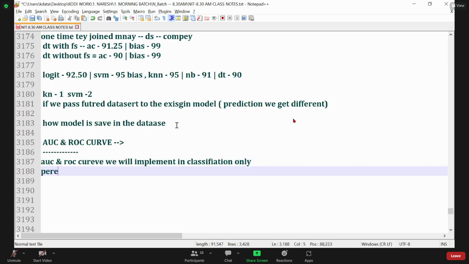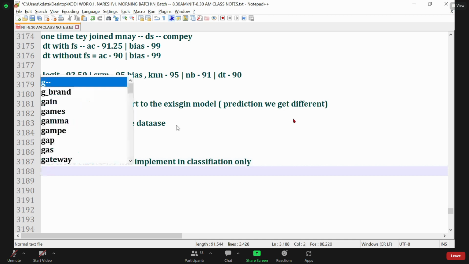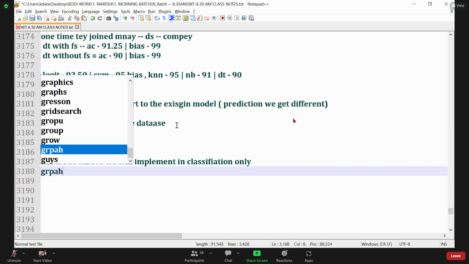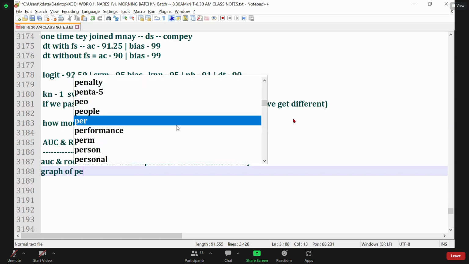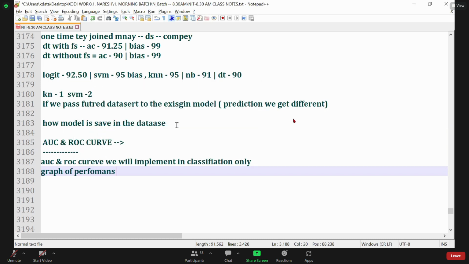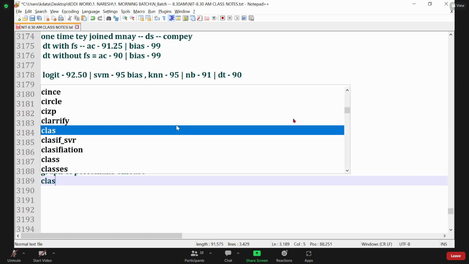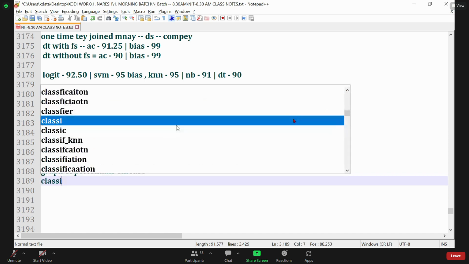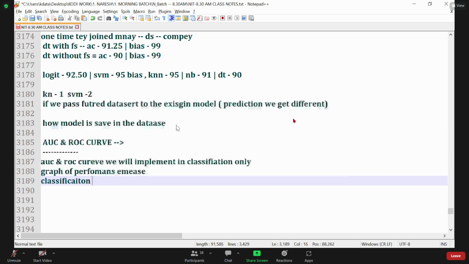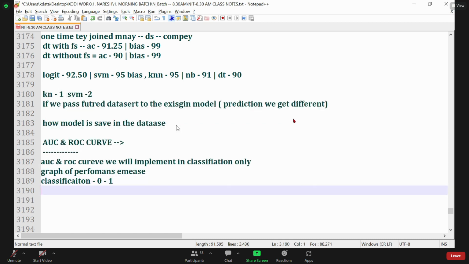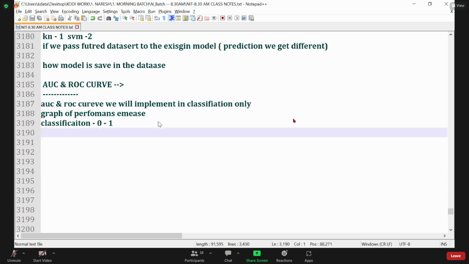These are graphs of performance measures. What are the performance measures? We have the confusion matrix. And what is the range for classification? 0 to 1. So the graph is also drawn between 0 and 1. Do you understand, guys? The graph is plotted between 0 and 1.